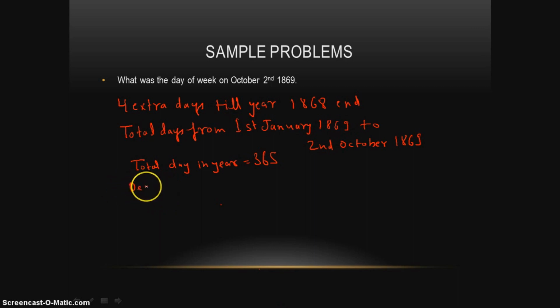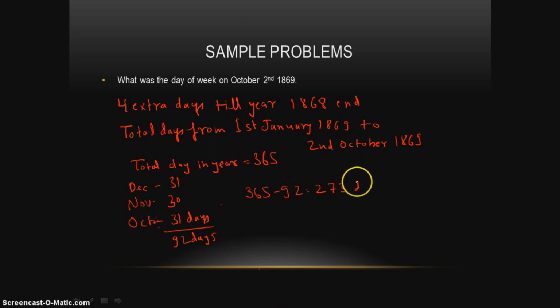So if I see December I have 31 days, November I have 30 days, and October I have 31 days, which gives me total of 92 days. So in that case I have 365 minus 92 equal to 273 days till September 30th.